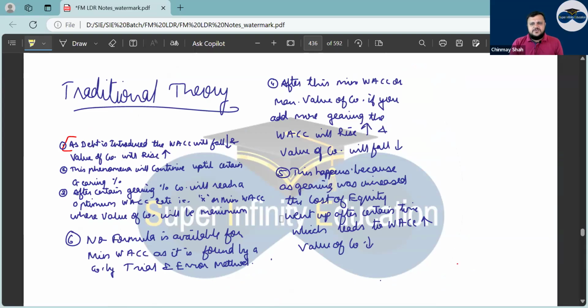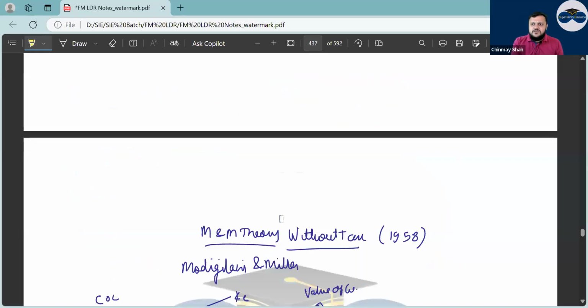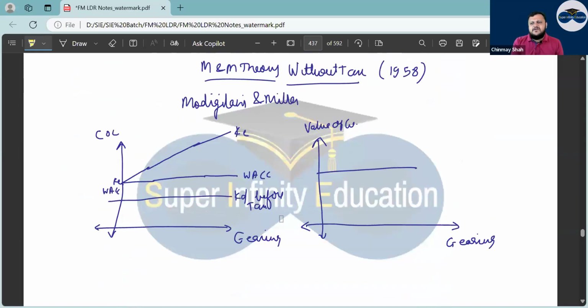What does the traditional theory say? Does it say do only debt, do only equity, or does it say, sir, for some time do debt and go to that minimum point, right? And then you can move to equity. Have a look. It says what? So, thoda sa debt, which reduces your WACC, up to certain level is good.